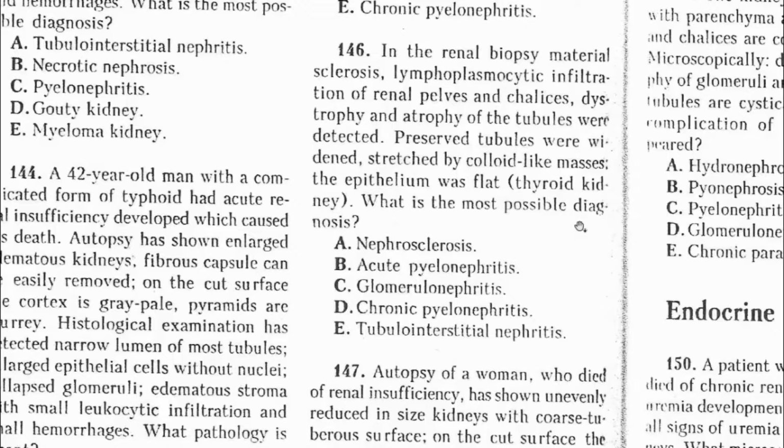Now, a renal disorder affecting the tubules, interstitium, and renal pelvis is called pyelonephritis. Now, the hallmark of acute pyelonephritis are patchy interstitial suppurative inflammation and tubular necrosis.